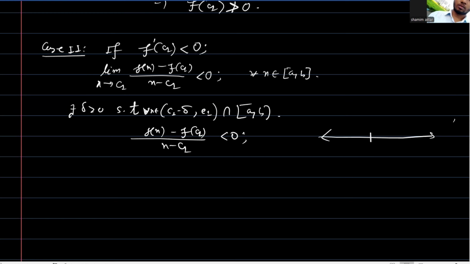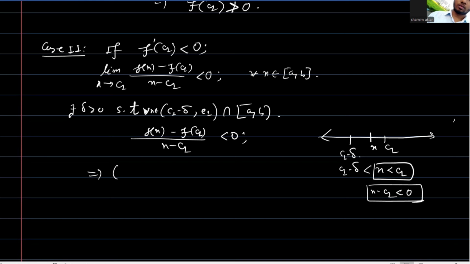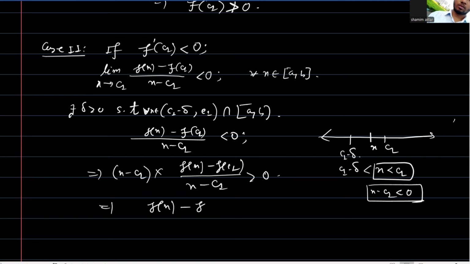Here x lies between c1 minus del and c1, so x is less than c1 and x minus c1 is negative. Multiplying by the negative quantity x minus c1 reverses the inequality, so f of x minus f of c1 is greater than 0, which implies f of x greater than f of c1.